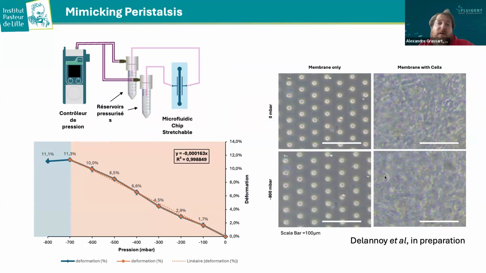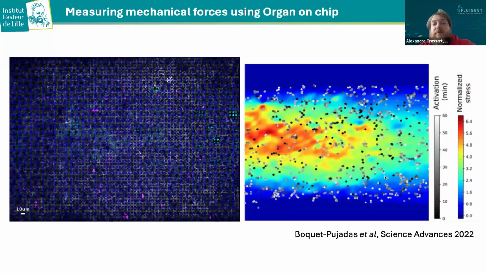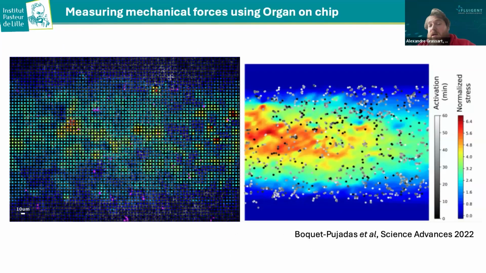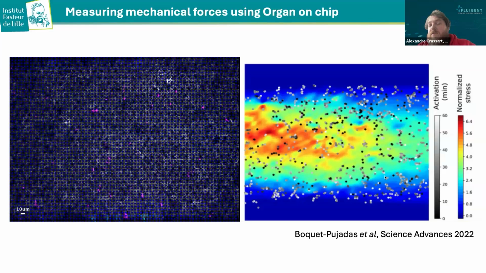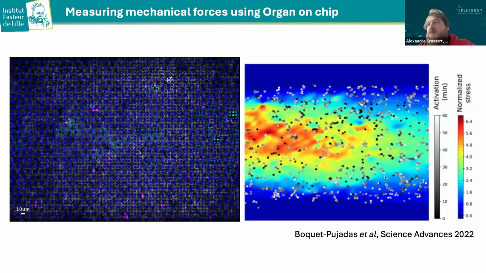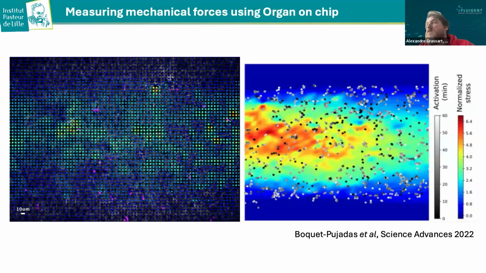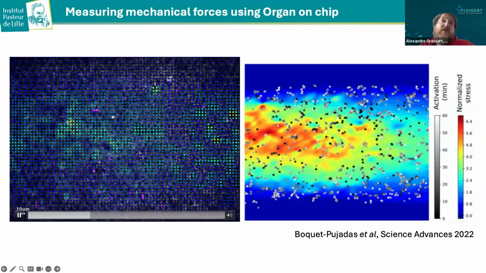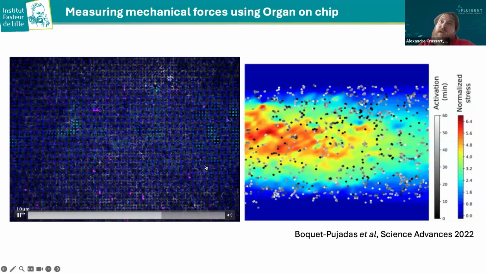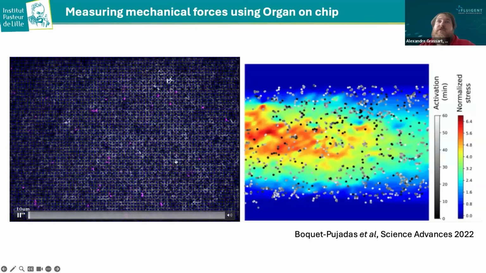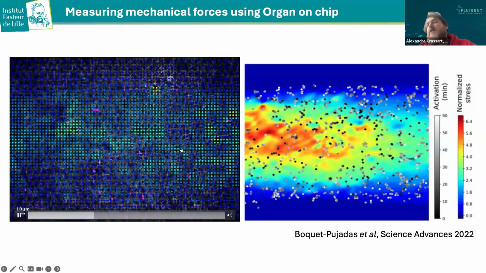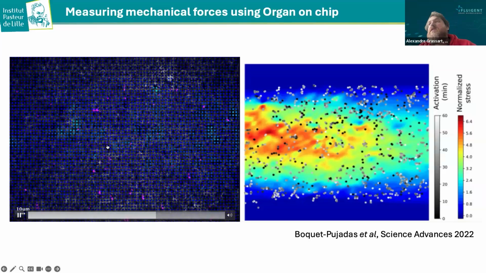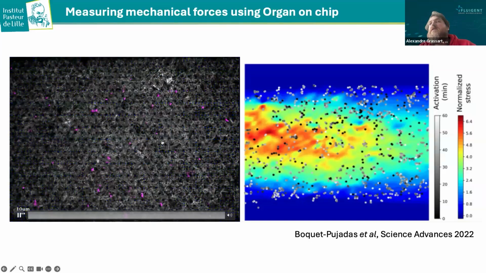And with that, here is another result that we obtained with the two groups. We collaborated, the group of Nathalie Sauvenet and Emmanuel Labrilla, where you can see on the left, you have the stretching of your tissue, but you can, through mathematical modeling, detect the stress applied on this tissue.